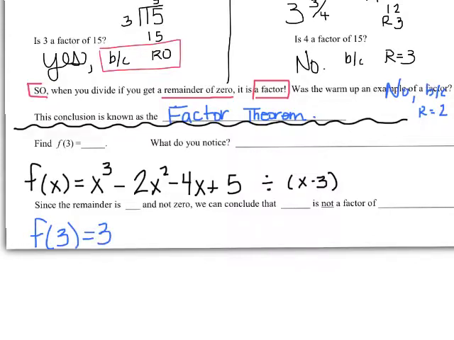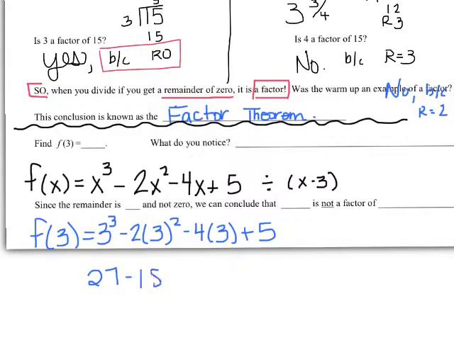All right, so let's evaluate our function at 3. So that's 3 cubed minus 2 times 3 squared minus 4 times 3 plus 5. So 3 cubed is 27. 3 squared is 9, and 9 times 2 is 18. So minus 18, minus 12, plus 5.